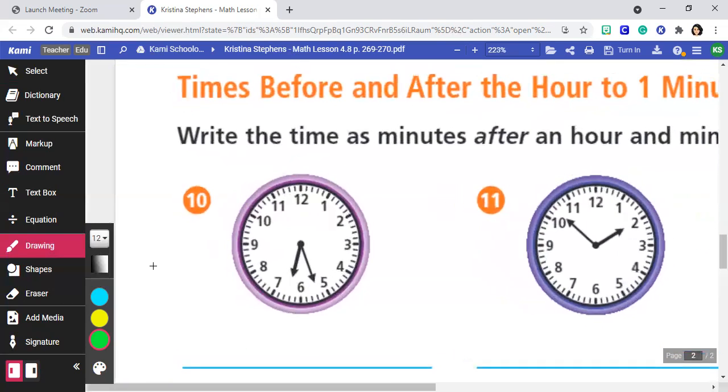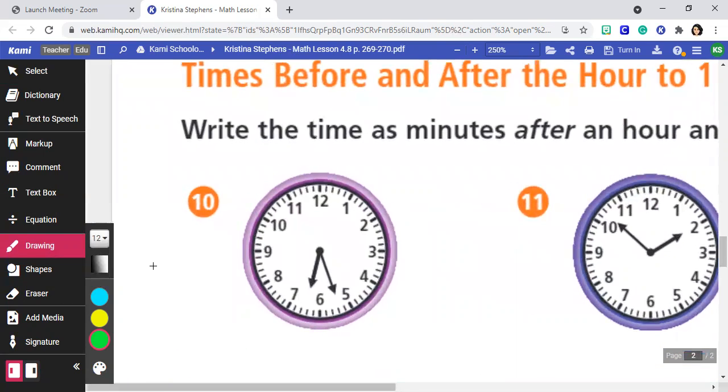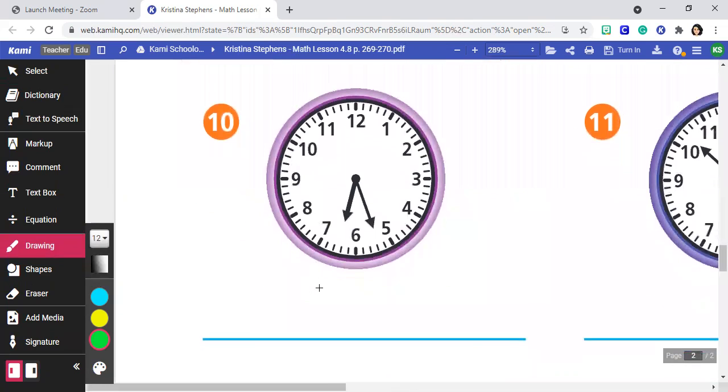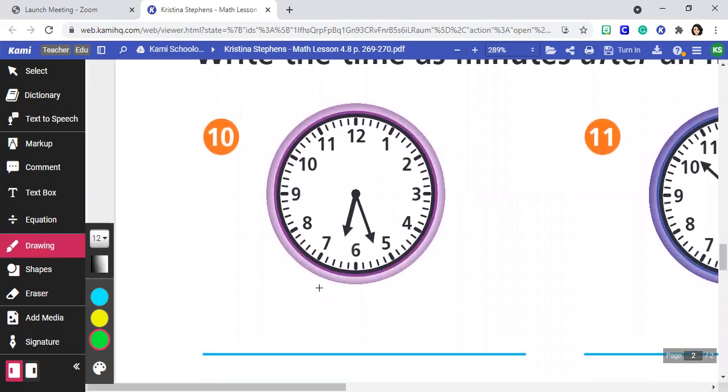I'm zooming way in here, trying to not go too fast to ruin it. Thank you for your patience with me. So here's number 10. Now I know that when my minute hand is pointing at the 5 minutes, I can think of them as groups of 5s.